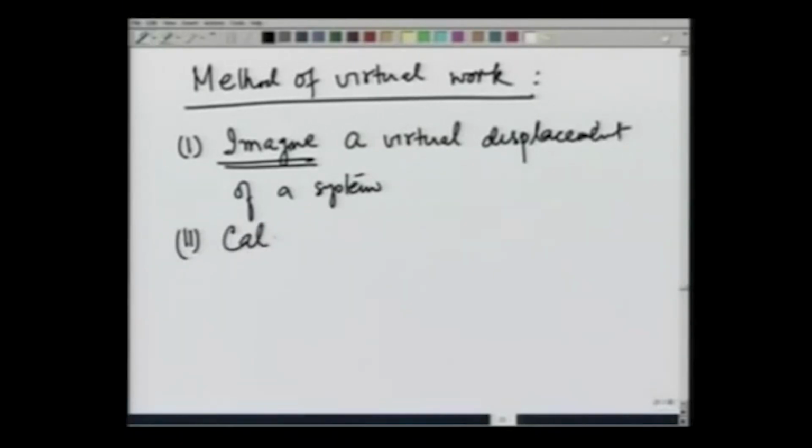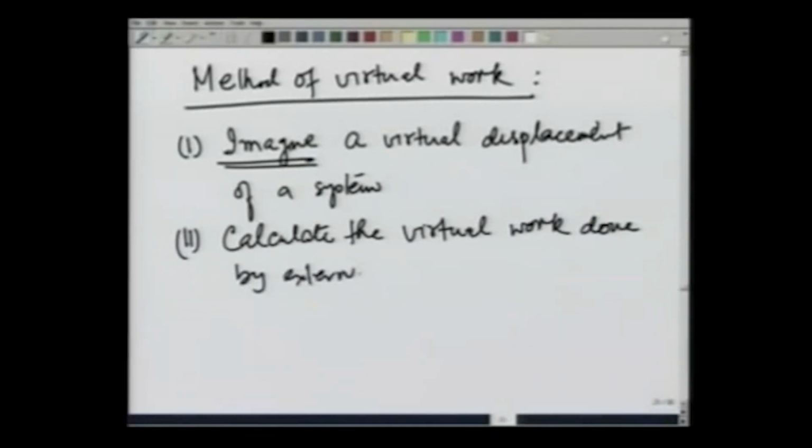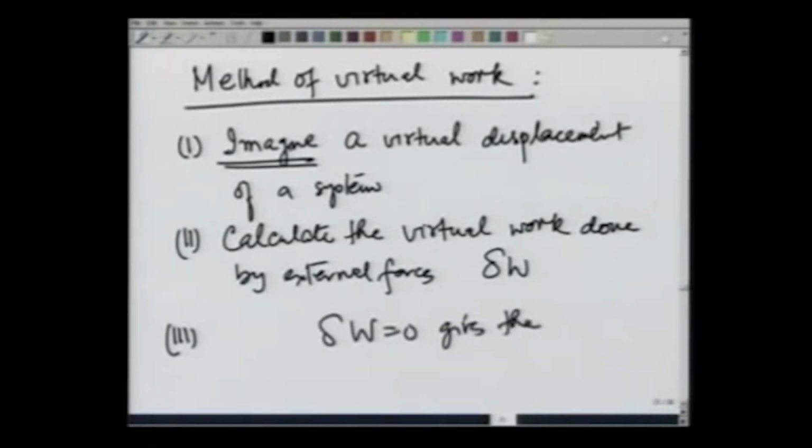Calculate the virtual work done by external forces, and 3. Call this delta W. Delta W equal to 0 gives the equilibrium condition.